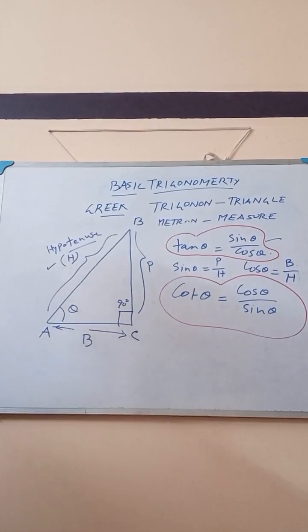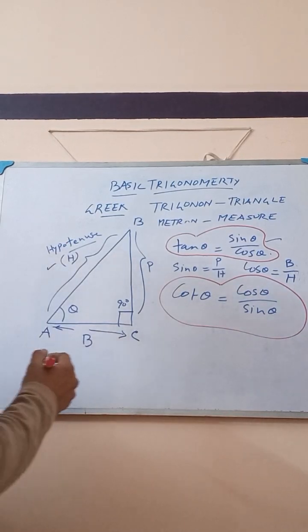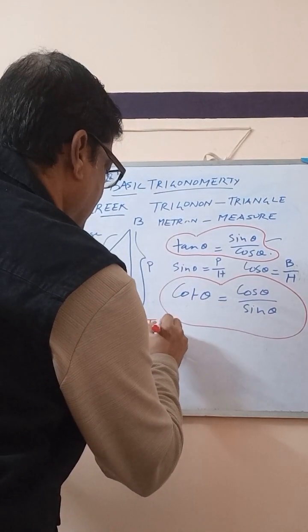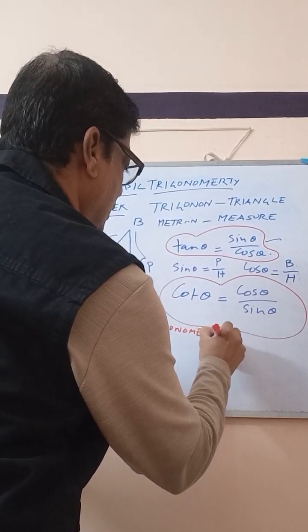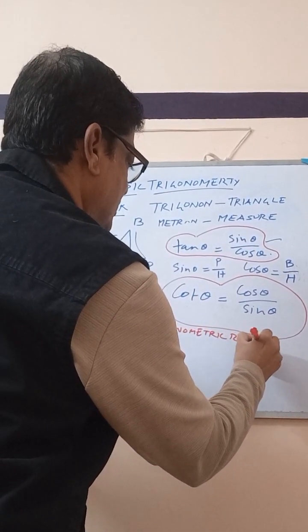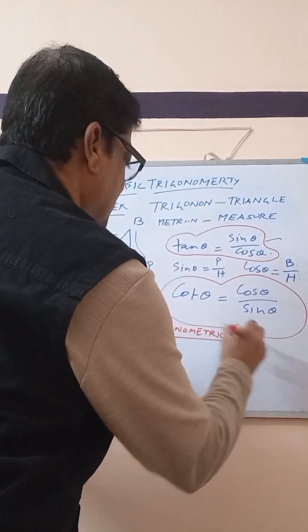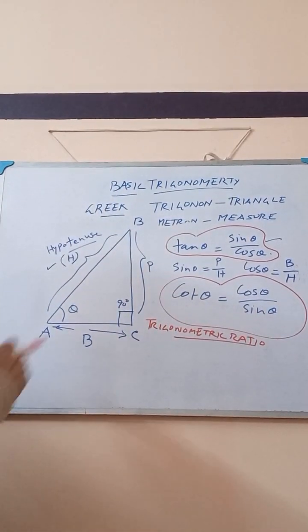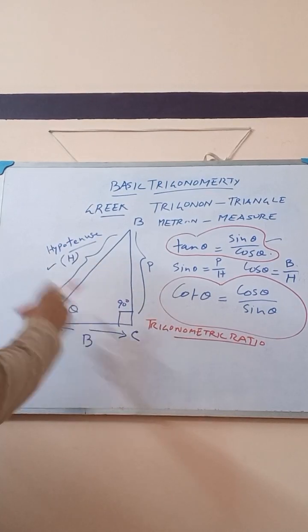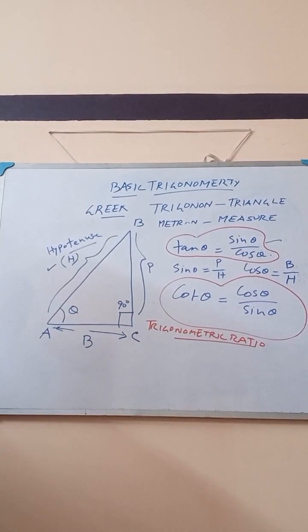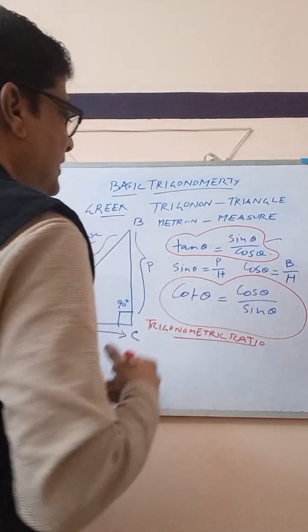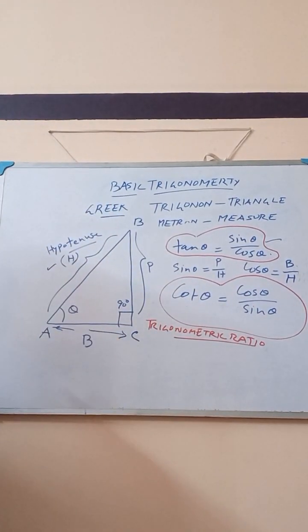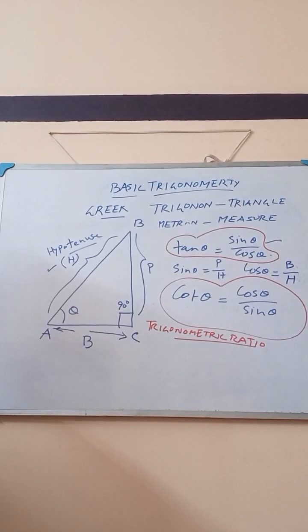Number one, these trigonometric ratios, because they are ratios, are basically the length of one side of the triangle divided by the length of another side of the same triangle.